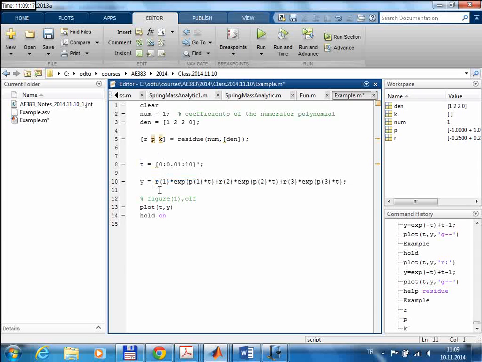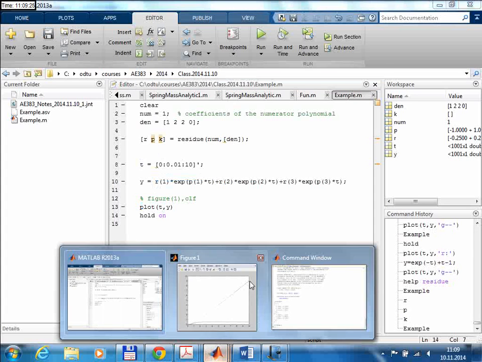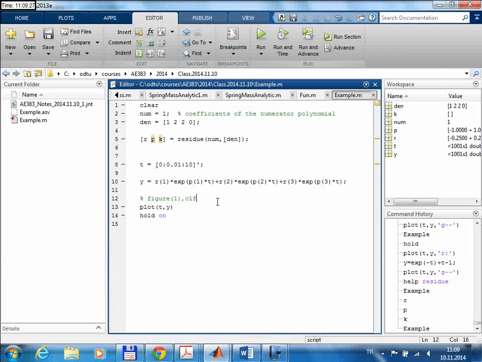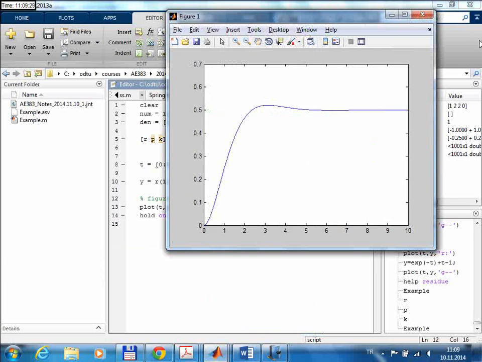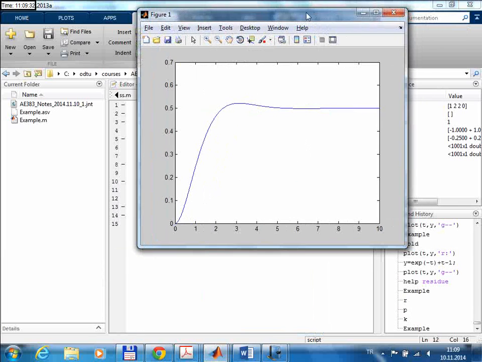Okay, so let me just run this and it will give me the plot. This is the last step. Okay, so this is the response we just calculated. Okay?